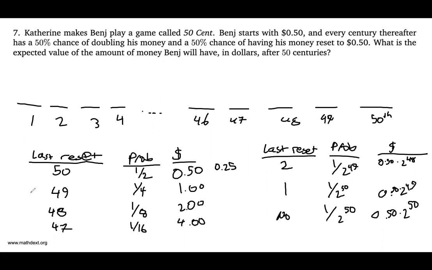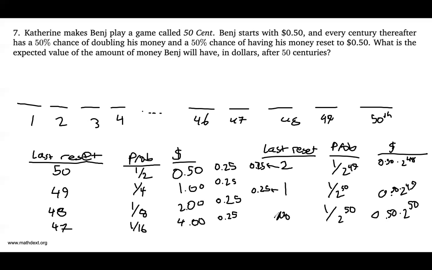And similarly from this state, where the last reset was at the 49th slot, he will get 1/4 times $1, which is 0.25. And similarly, in every single case up until the last one, he will have an expected earnings of 25 cents because the probability halves, the amount of money doubles. So the expected value for this case is 0.25 as well. If the last reset was on the first turn, the expected earnings is 0.25.